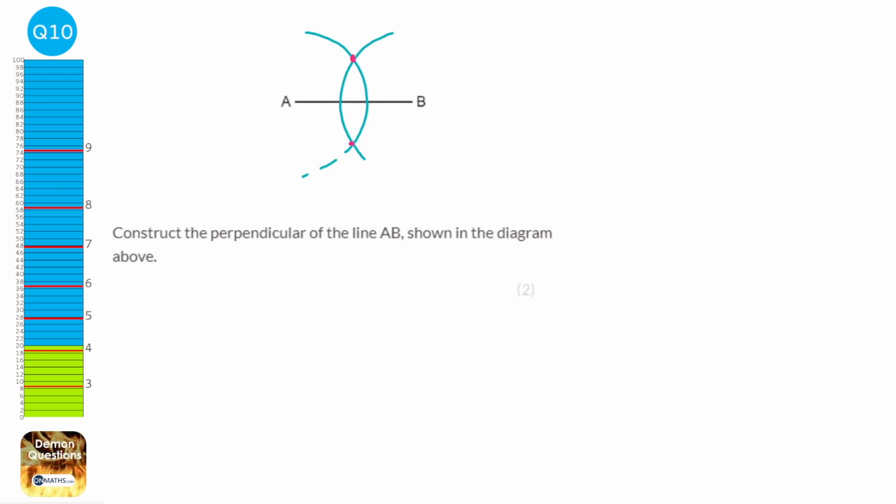So what we're going to do is just draw a straight line that joins up where they intersect. Leave your workings out, your arcs, on the page when you do this to make sure you get full marks.